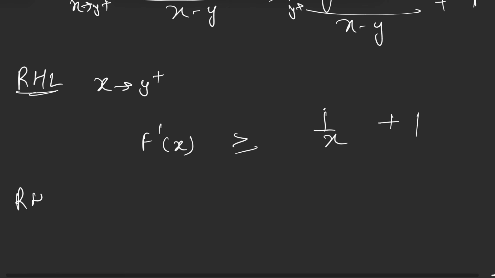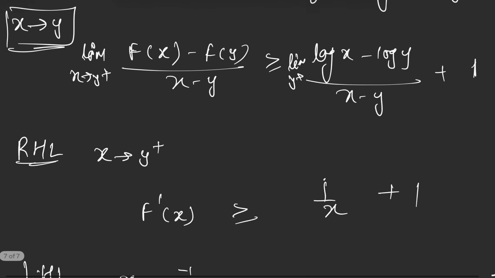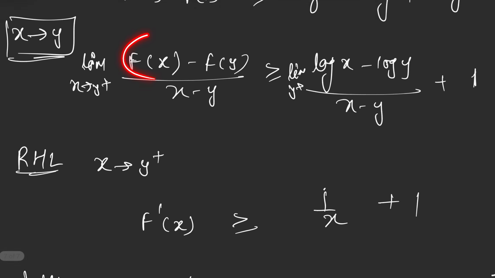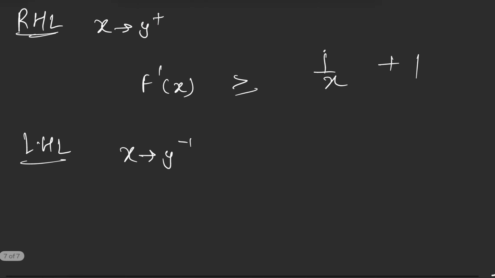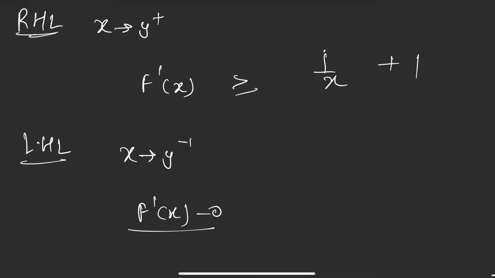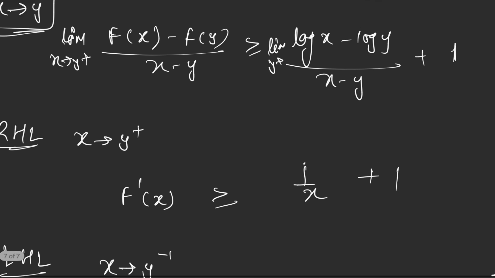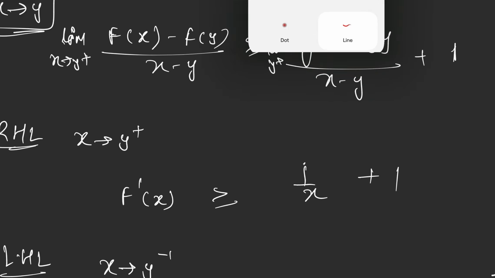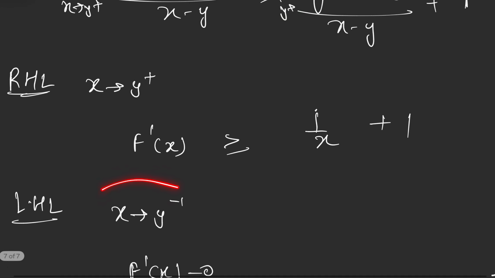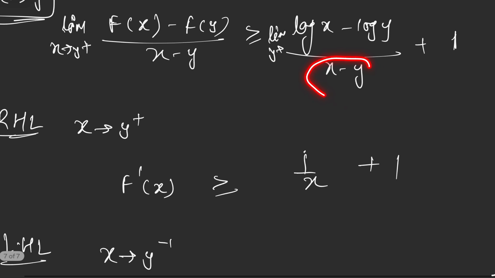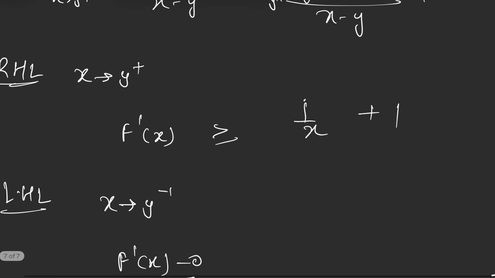Now what will be RHL? LHL? LHL will be what? x tending to y minus. Okay, y minus means here again f dash x will be what? f dash x here minus 0 divided by 1. Okay, but x tending to y minus means it is a negative number, so the inequality will change.